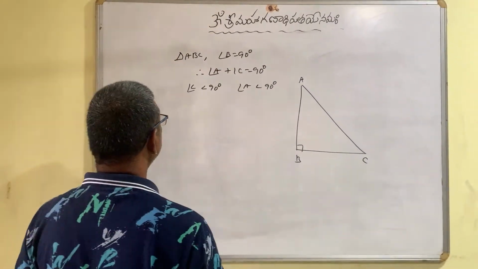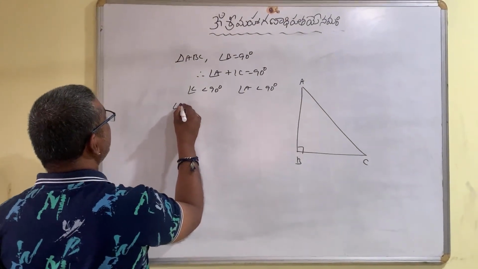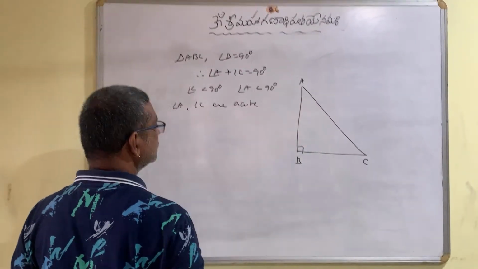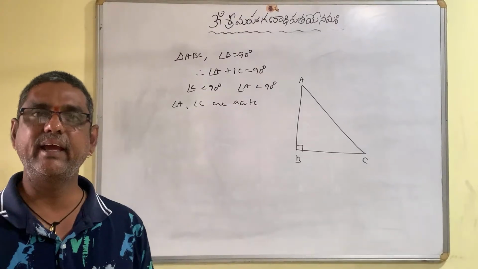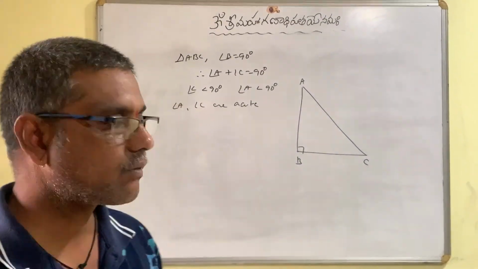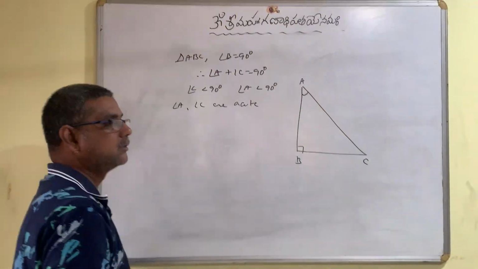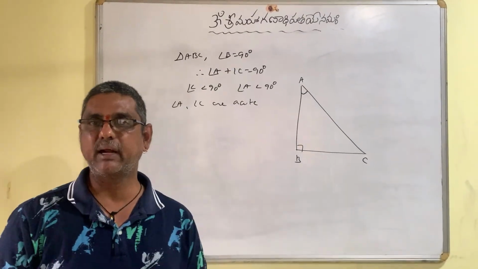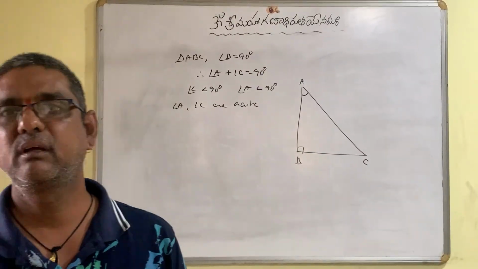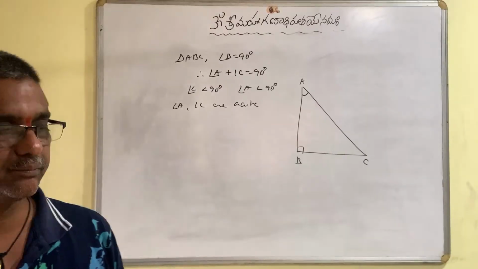Now, since these two angles, angle A and angle C are acute angles, we can consider any one of those two angles for writing the ratios. So I am considering angle A. So I am writing the trigonometric ratios with respect to angle A. And you can write with respect to angle C also.